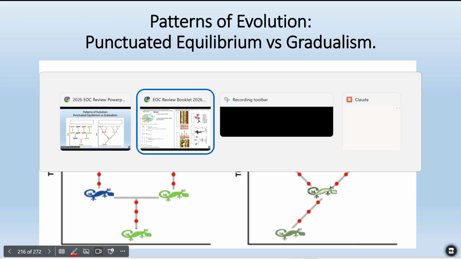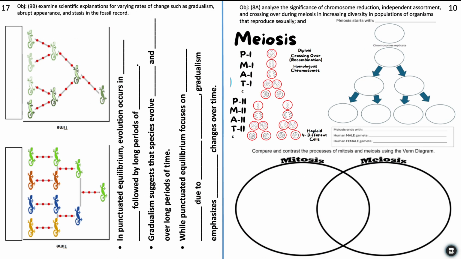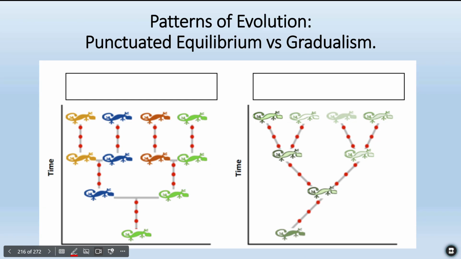So going back a page, page 17, we have the patterns of evolution. On the left, we have punctuated equilibrium. Punctuated equilibrium is where we see flat lines occur over time. These flat lines are stasis.